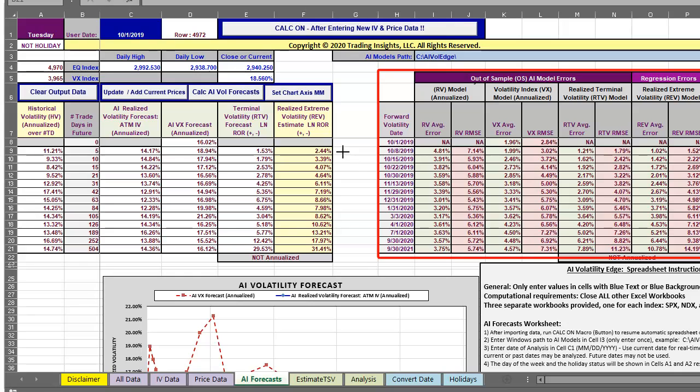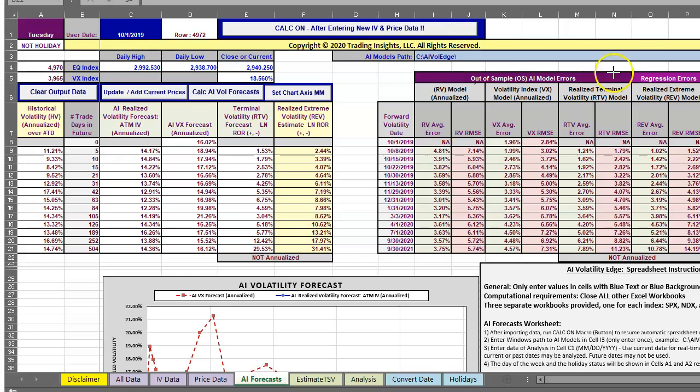The reason we need the error terms is ultimately we're going to be interested in the standardized deviation, or being able to standardize our differences between our forecasts and actual data. And to do that, we're going to need to know the model errors, if you will. You'll notice that those are out of sample model errors, with the exception of the regression errors for the extreme volatility model, which uses data input from the 3 other models, if you will.